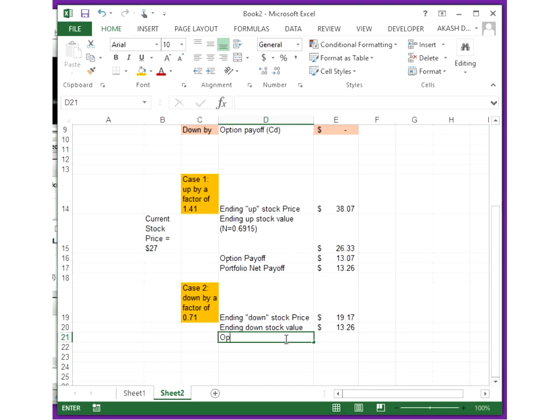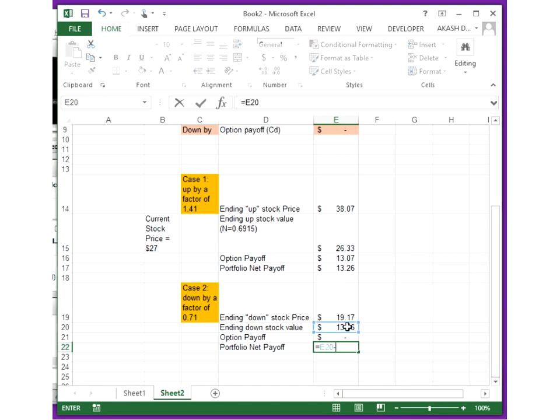Okay, and then the option payoff in this case is what? $0, right? From the previous calculation. So then portfolio net payoff is 13.26 minus 0.